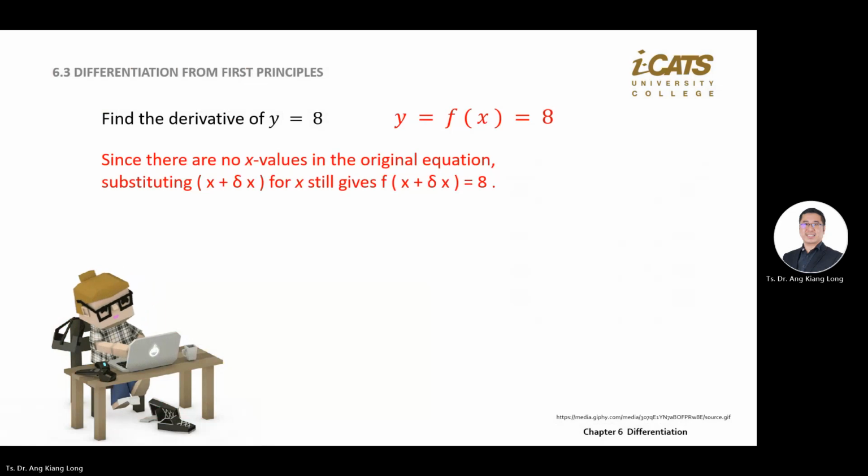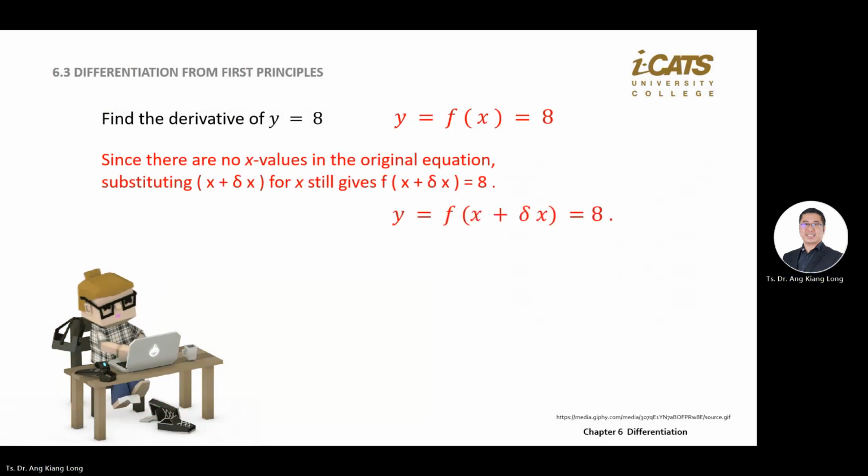Okay. So there's no x value. So you're just substituting x plus delta x for x, right? Because this one has no x value, it's 0. Then you have a limit near to 0, still 0.